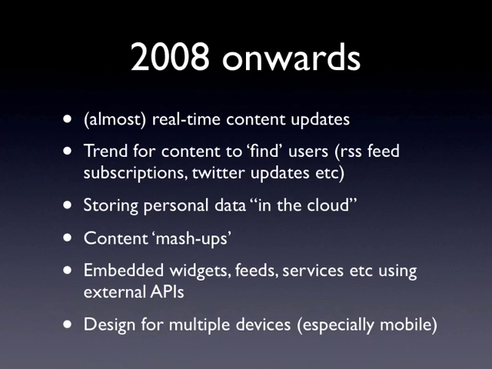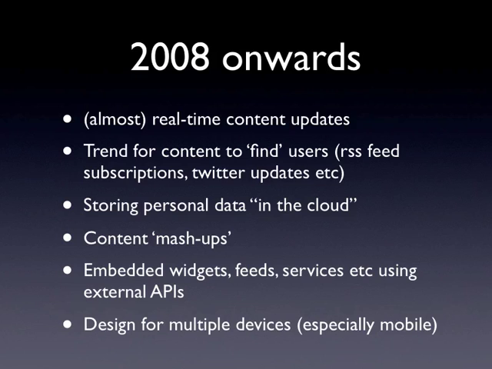Storing personal data in the cloud, you can see a big trend. When I originally wrote this around that time, that was seen as maybe a future trend. But you can definitely see that now, with all the cloud services that we have: YouTube, Spotify, iCloud, Gmail. Data is now generally stored this way, and this is a symptom of a few things, one of which is a trend towards accessing this data from lots of different devices.